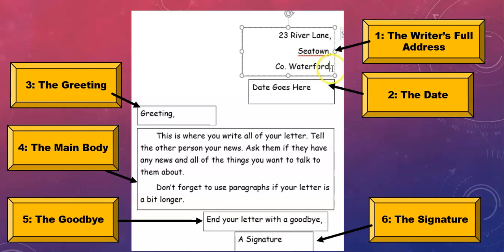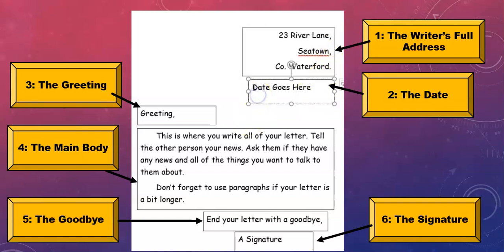Now after the county we put a full stop because that's the last line of the address. 23 River Lane, house number 23 in River Lane, comma, Seatown is the town where River Lane is, and County Waterford is the county where Seatown is. 23 River Lane, comma, Seatown, comma, County Waterford, full stop.